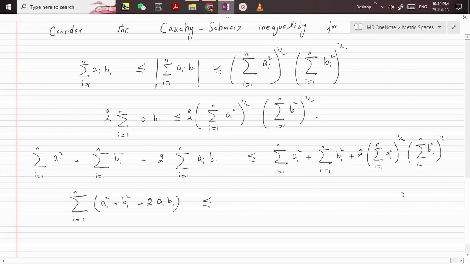Where x is equal to under root summation i ai square, and y is equal to root of summation i bi square. So here is x square, here is y square, here is 2xy. So that's equal to x plus y whole square, which is summation i from 1 to n ai square plus summation i from 1 to n bi square.